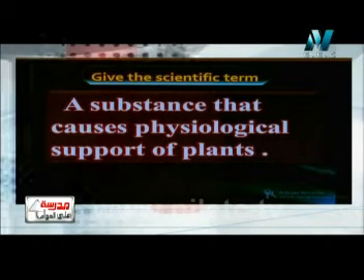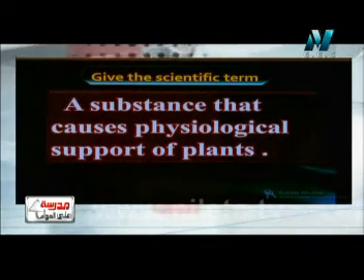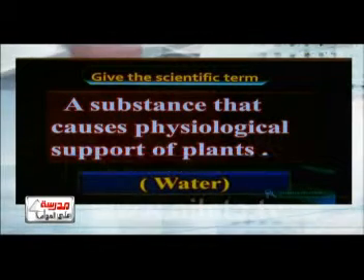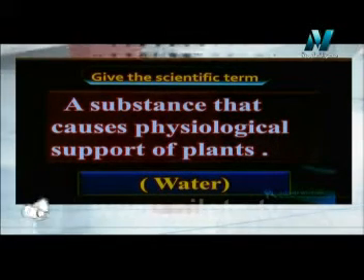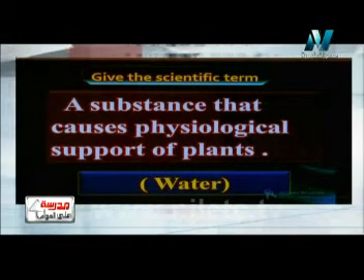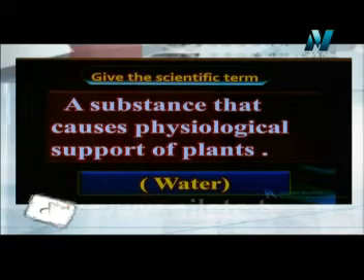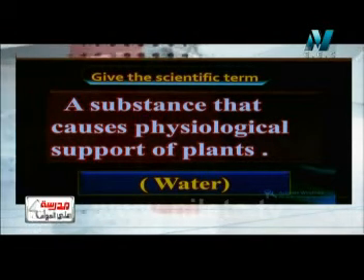The substance responsible for this physiological support in plants is water. So the presence of water acts as physiological support. The absence of water means the absence of physiological support. Therefore, physiological support is called temporary support.